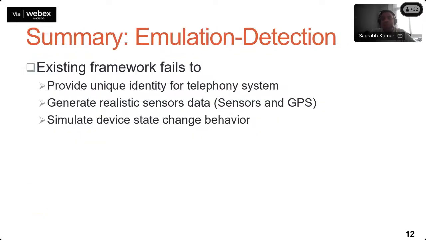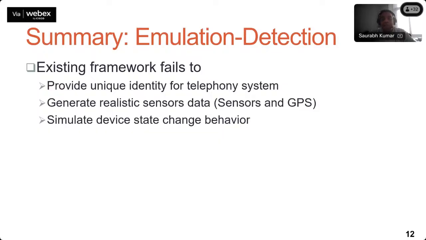So the final summary about emulation detection is that existing frameworks fail to provide unique identity for the telephony system. Telephony system means the IMEI value, phone number, even the mobile tower location, which can be changed frequently. All this information is not unique to a mobile device, right? So this should be unique.